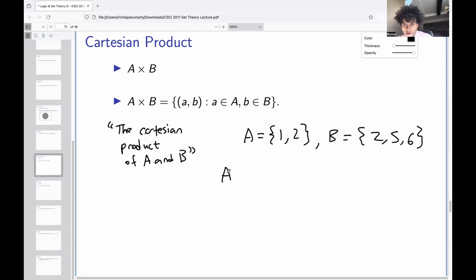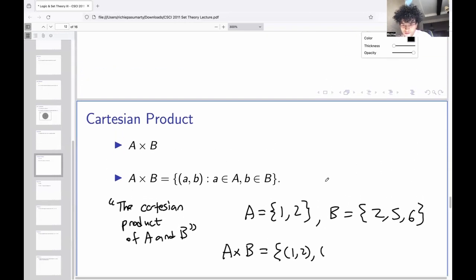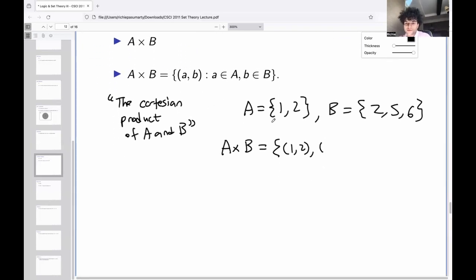Then the Cartesian product of A and B is just the following: (1, 2), (1, 5), (1, 6). I'm going to keep writing more: (2, 2), (2, 5), (2, 6).